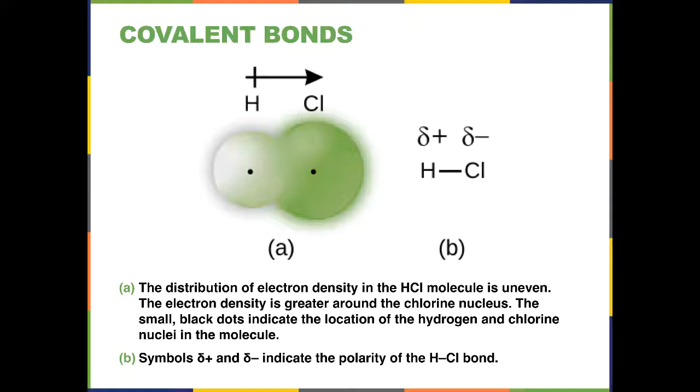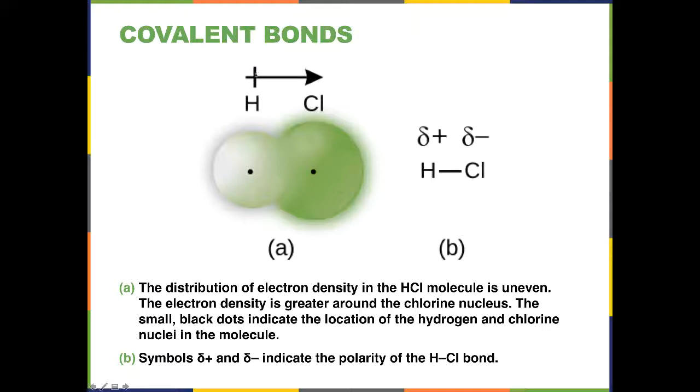What this sets up is a higher density of negativity around the chlorine nucleus compared to the hydrogen nucleus. And this can be depicted with an arrow, and the arrow points in the direction of higher electron density with a little crosshatch, which in some ways is indicative of a positive sign.